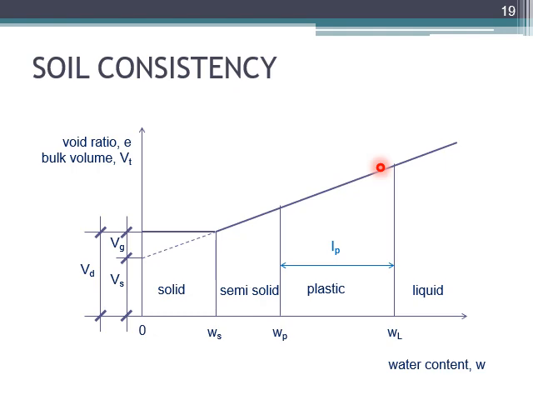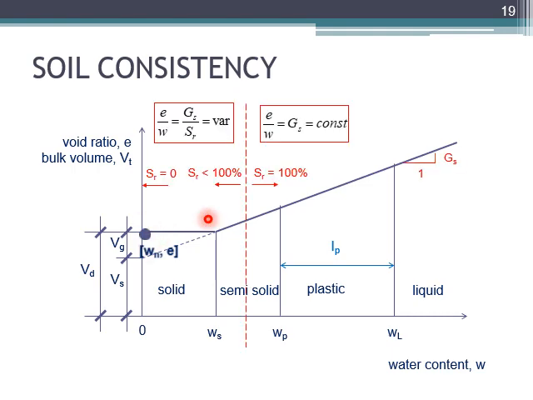Now, if we start to dry the sample, then of course the water content will decrease, and the void ratio, or the bulk volume of the sample, will also decrease, but it will follow this path, just as you have seen now. What we shall notice: initially, if the soil is fully saturated, it is behaving linearly, in terms of the change of the void ratio against the water content.